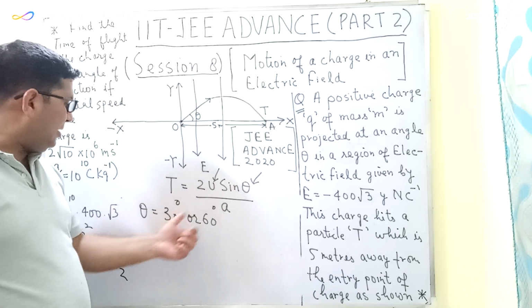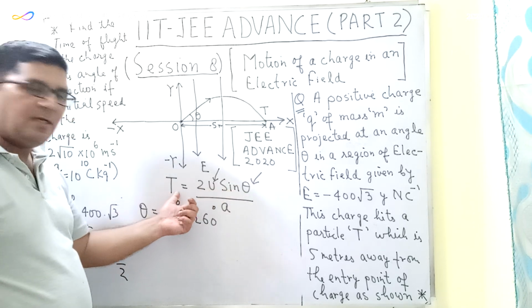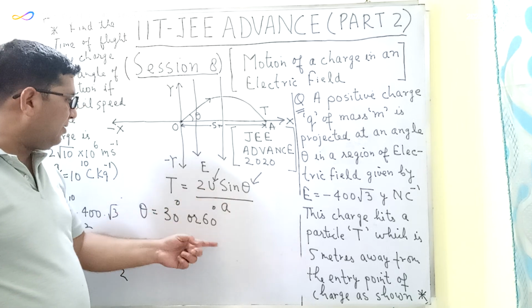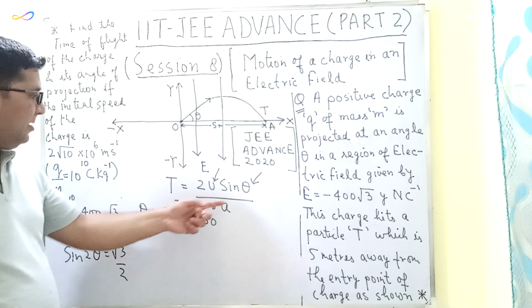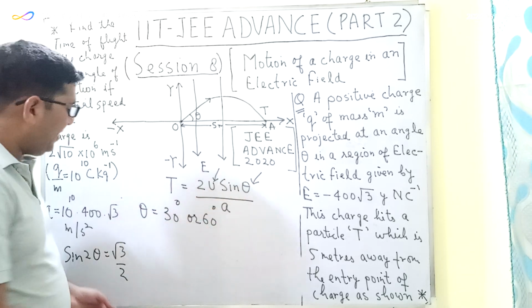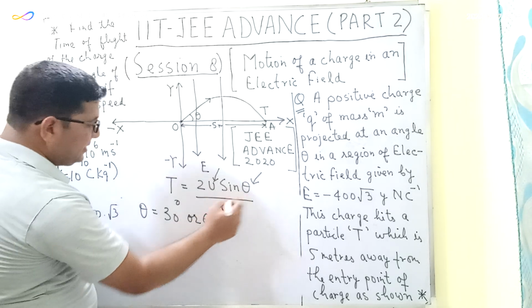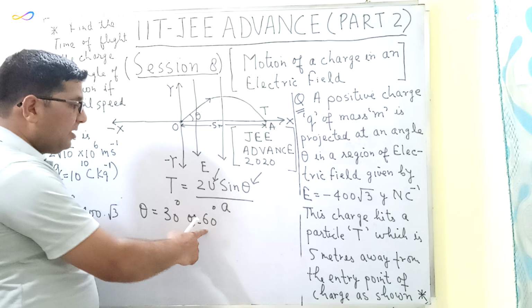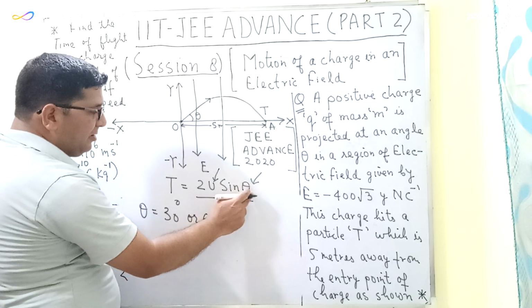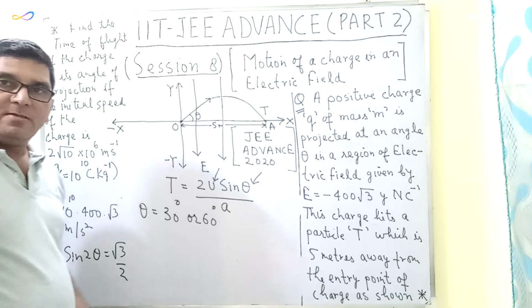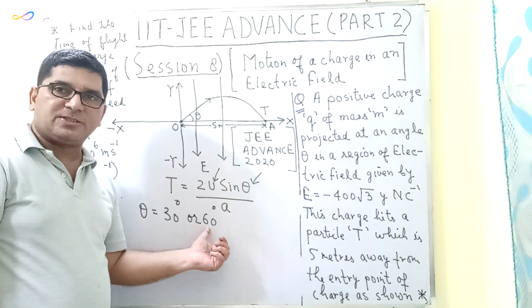So putting the value of theta as 30 degrees, we can find the time of flight when the angle of projection is 30 degrees, and we can also find the time of flight when the angle of projection is 60 degrees. We will simply put the value of theta as 60 degrees.